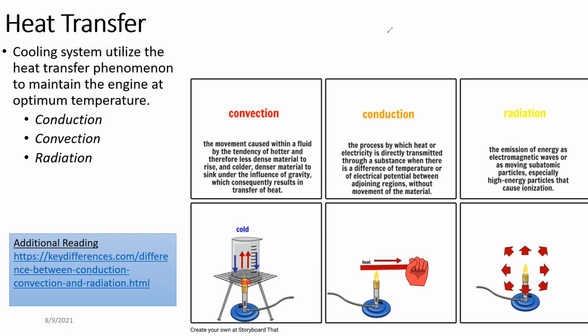It's almost impossible to calculate how much heat it takes away, and we do not consider this radiation method because it's quite difficult to cool the engine just using radiation. But we mostly use the convection and conduction methods. I'll explain these when it comes to that.